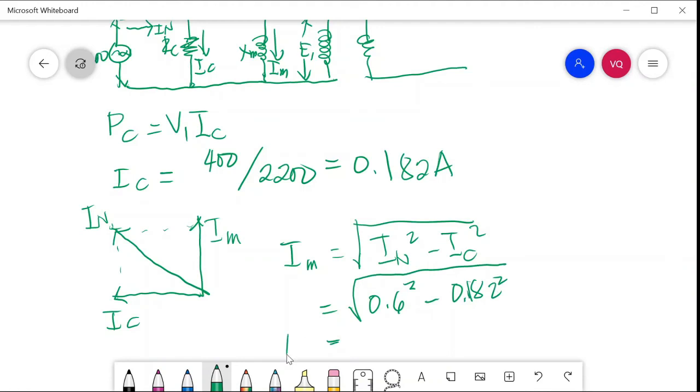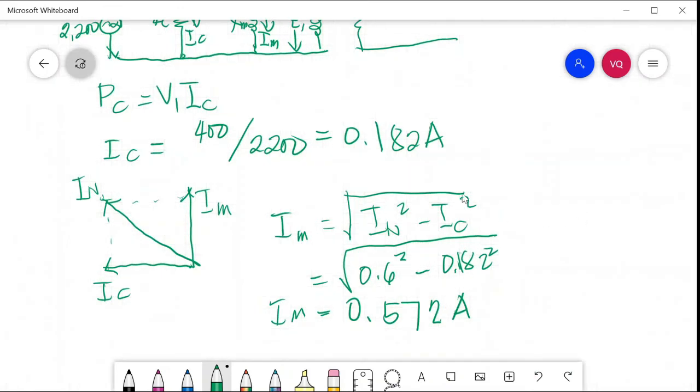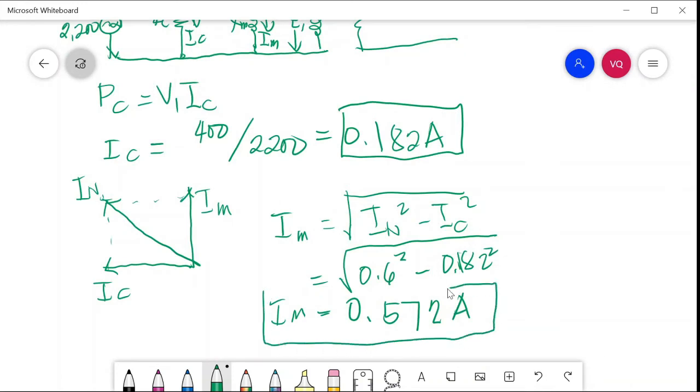That is equal to 0.572 amperes. So, this is one unknown, and this is the other.